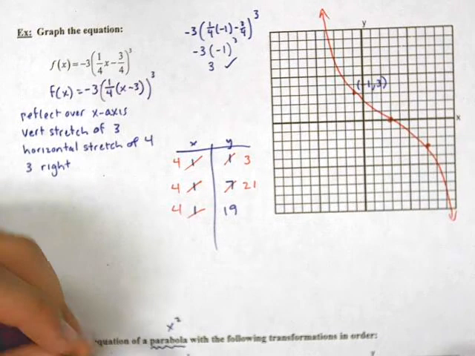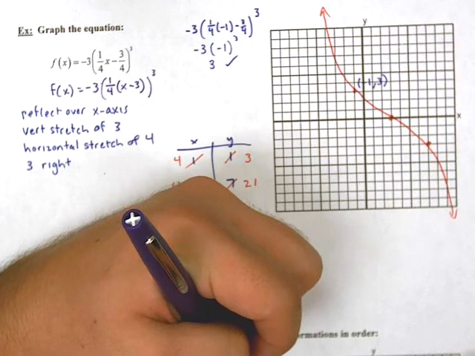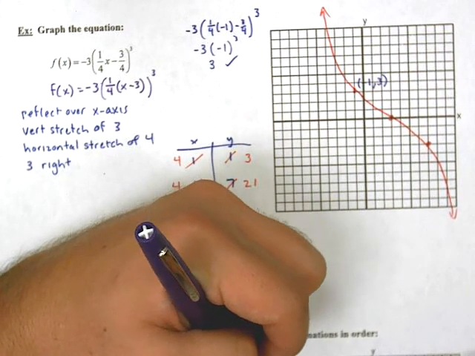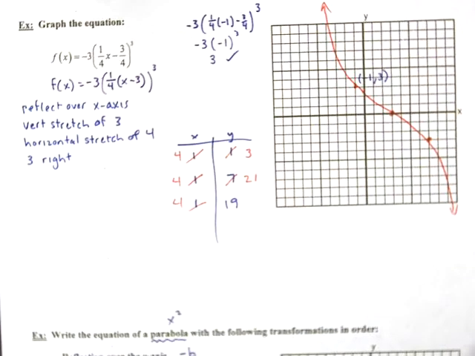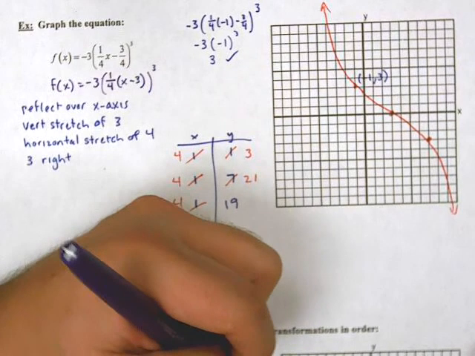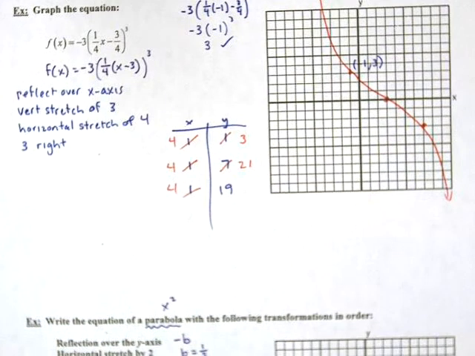Horizontal translation 3 units to the left, we know that. That means we are going to have +3 inside. And vertical translation 5 units down, -5 outside. Okay?